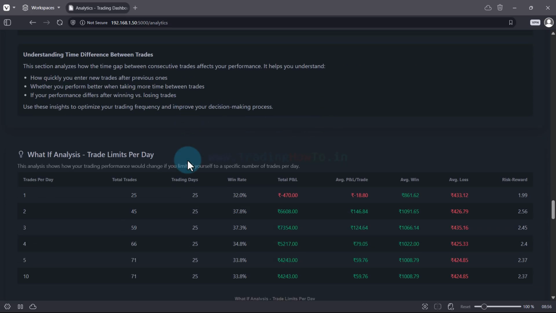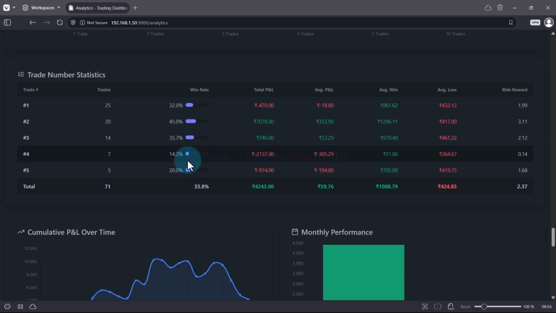And then I have this trade number statistics. Here I have calculated how much I have made in my first trade, second trade, third trade, fourth trade, and so on. On my first trade, around 25 trades, I have around 32% win rate and I have lost around 470 rupees.